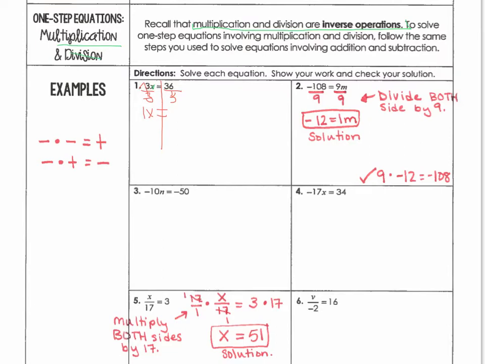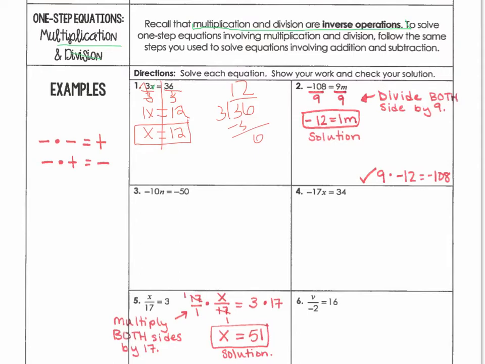I need to do that way off to the side so I'm not interrupting my equation. It is going to be 12. So 1x equals 12. For the final answer, we don't really need the 1, so it would just be x equals 12.